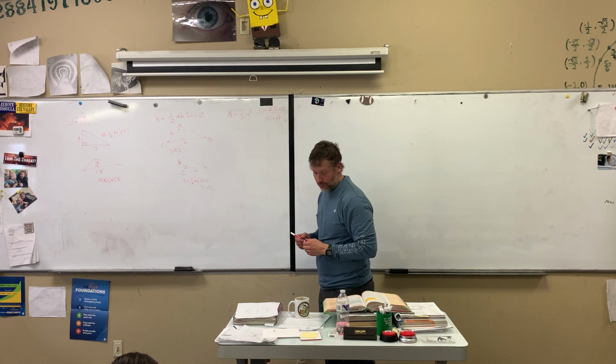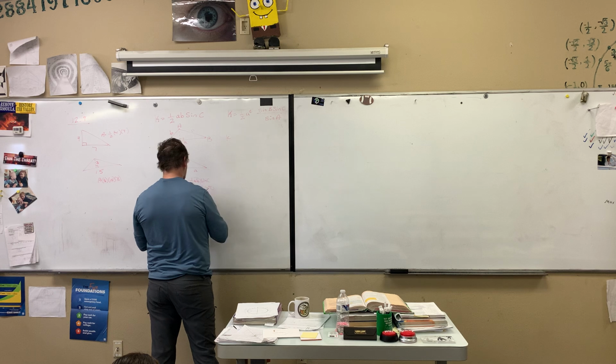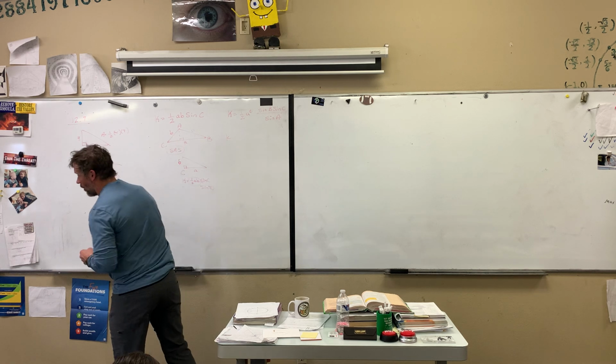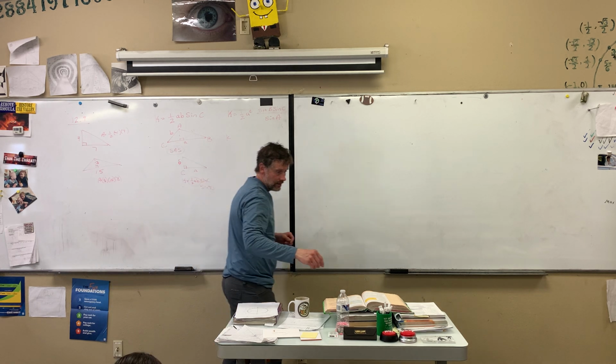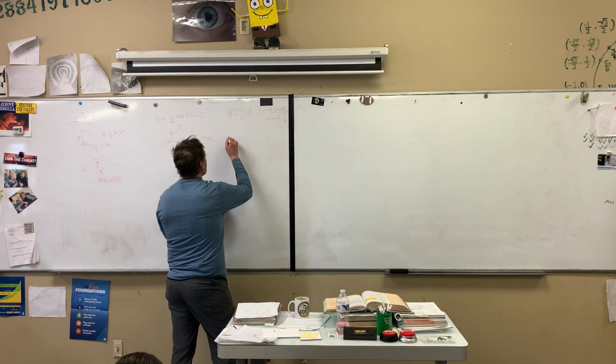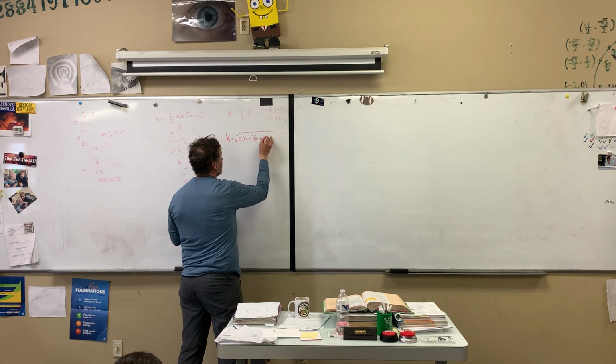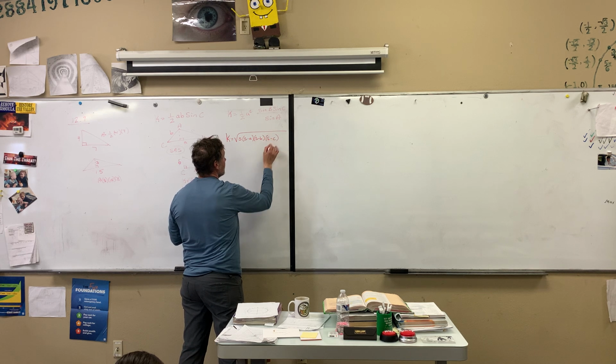If you know all three sides, k is equal to the square root of s times s minus a times s minus b times s minus c.